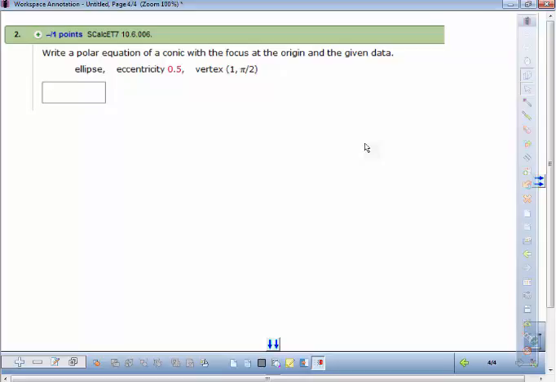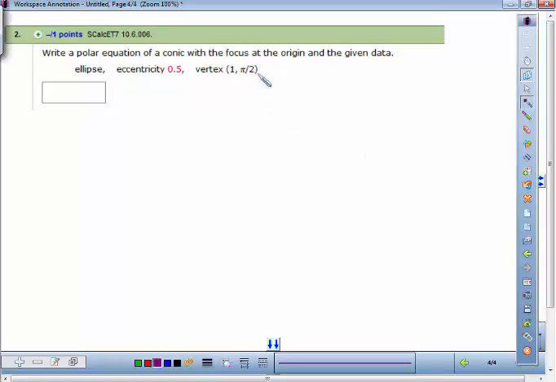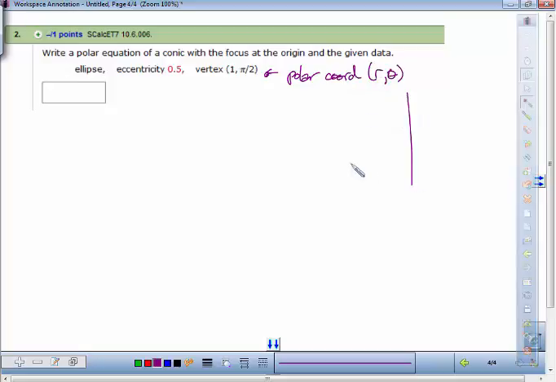Given that it's a point, I would have to assume that this vertex is actually written in polar coordinates. So where is (1, pi over 2) actually? So y equals 1. So that's actually your vertex.